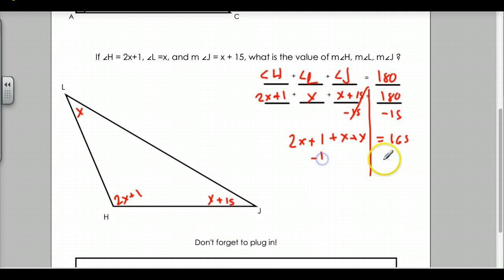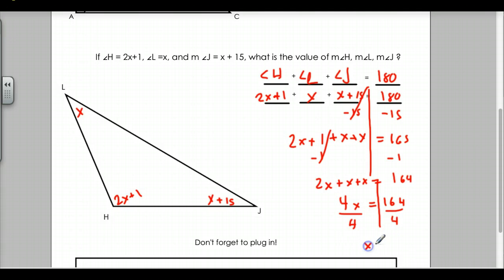Now I can subtract 1 again because I want to move all the numbers over. That cancels out, and I get 2x plus x equals 164. We combine like terms because they're all on the same side right here. So 4x equals 164. Divide by 4 on both sides, and I get x is equal to 41.